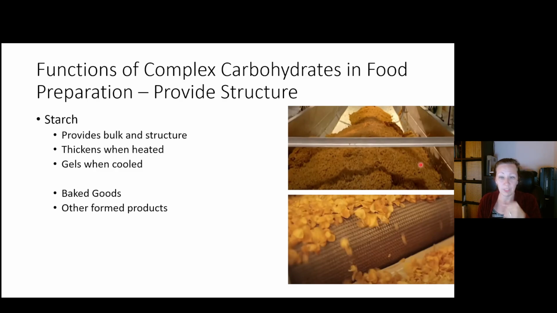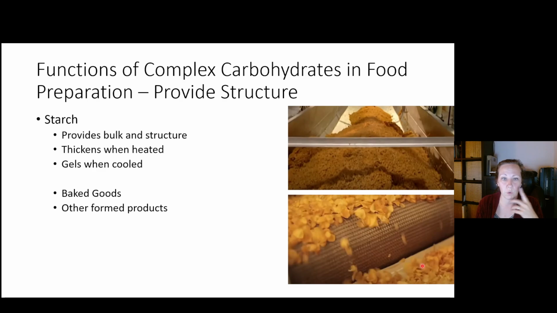And then they actually send it through a machine that forms it into the cornflake shape. And once it's in that shape, they just dry it really quickly. And so this cornflake shape, it's just held together by the bonding of the starch molecules, because this doesn't have a lot of protein in it or anything else that's going to provide that structure. And so that's kind of just what cornflakes are.